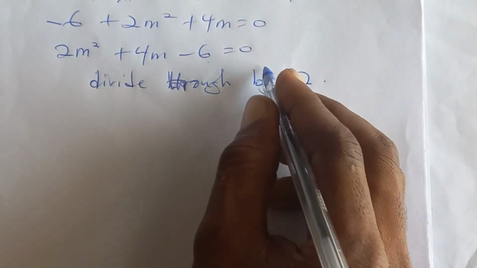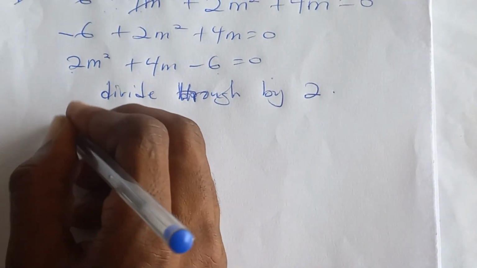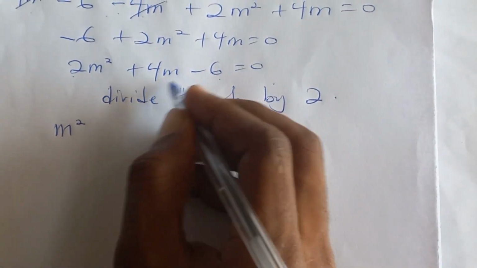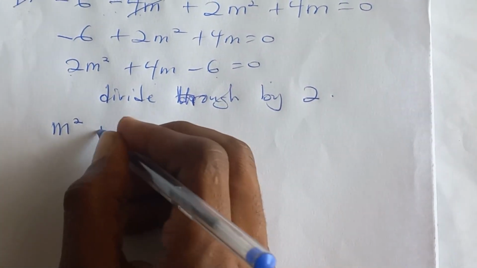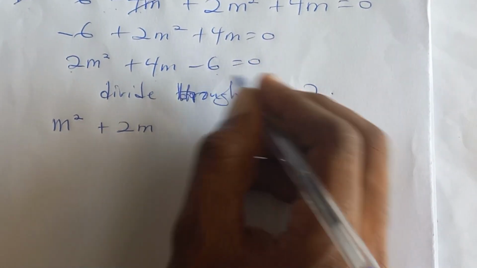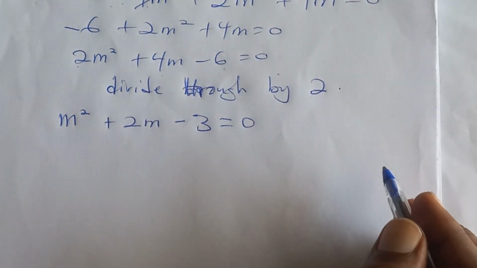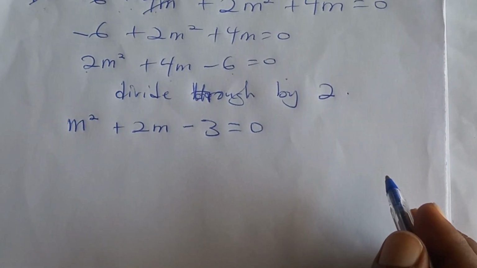So dividing 2 by 2, 2 over 2 is 1, so we get m squared. 4 over 2 is 2, so plus 2m. Then 6 divided by 2, we get negative 3, which is equal to 0. So now we can use this to solve.